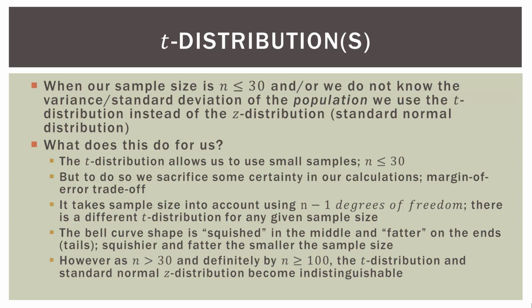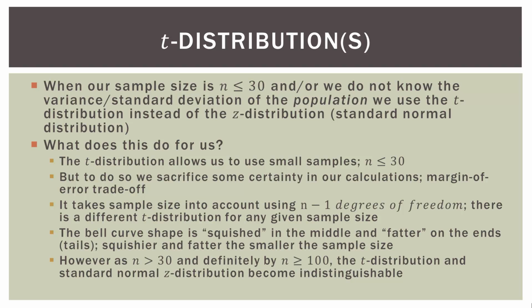Now, the one caveat to this, and there is sort of a gray area in here, is that below 30, we're definitely going to be using the t-distribution. But as we cross the 30 threshold, and definitely by a sample size of 100, the t-distribution creeps slowly up to where the standard normal z-distribution is, and they become almost indistinguishable.